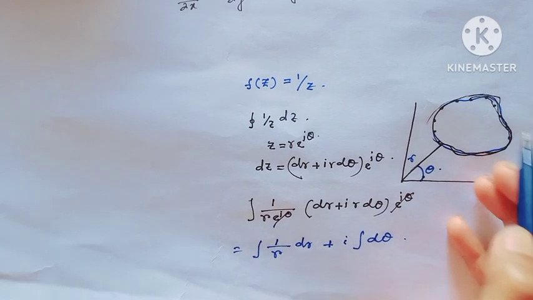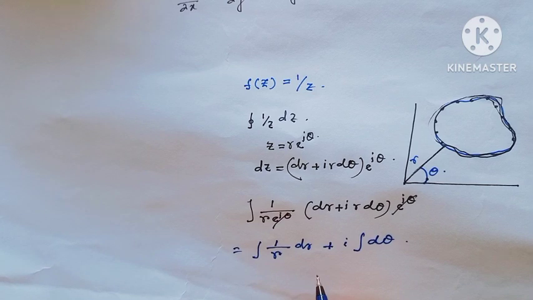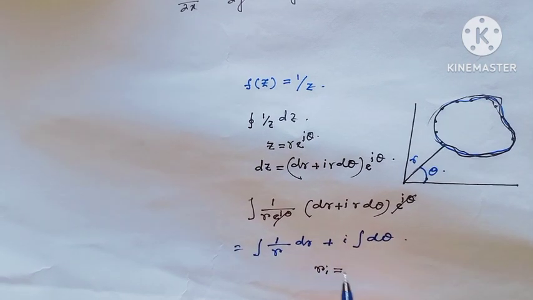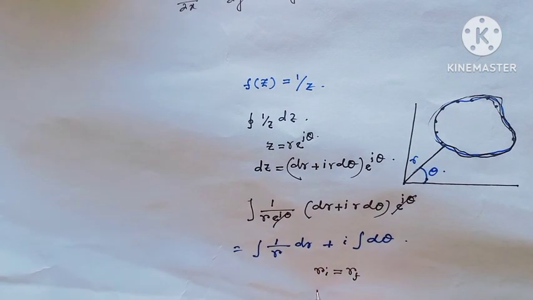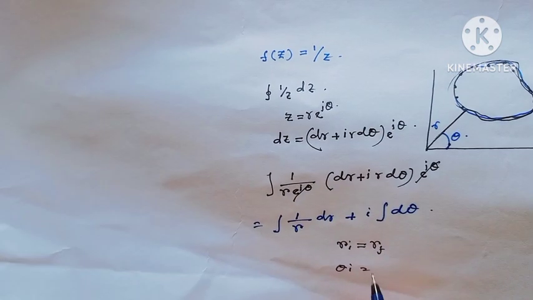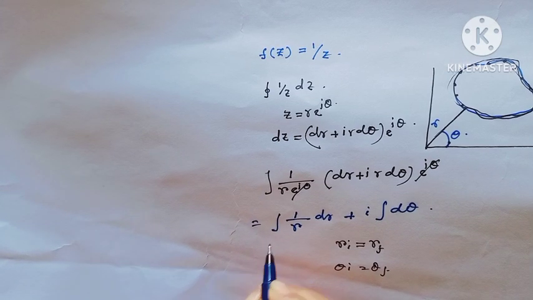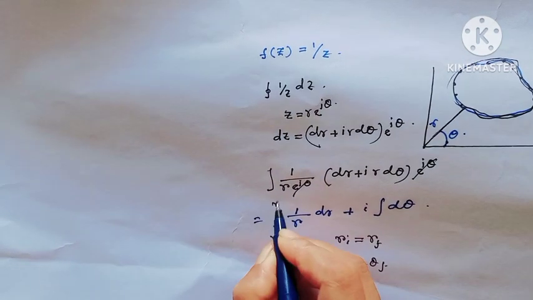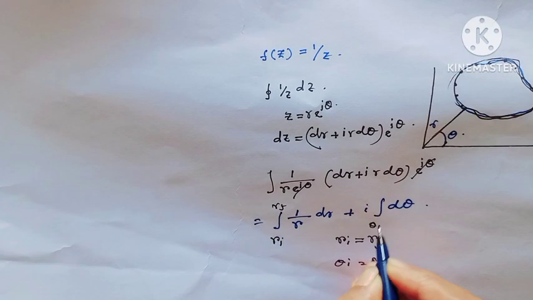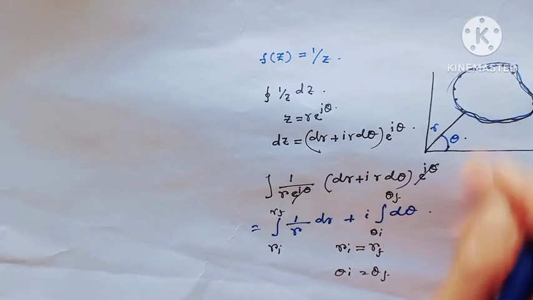Since this is a closed curve, the range would be r_i to r_f and θ_i to θ_f.